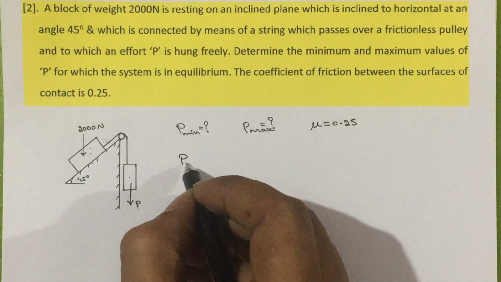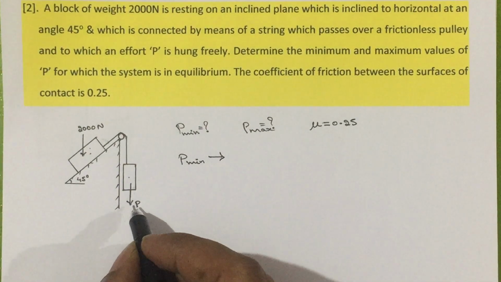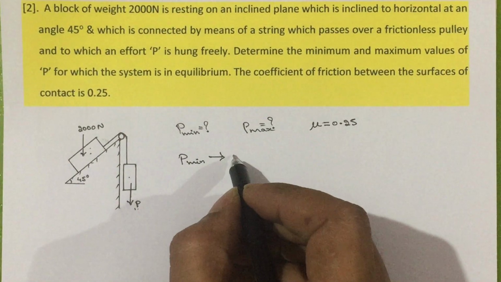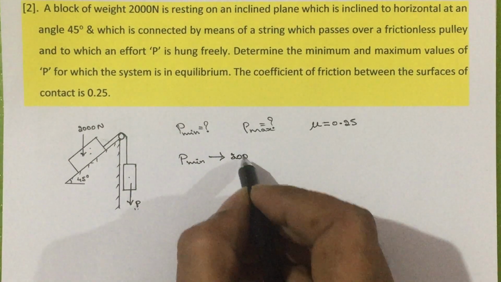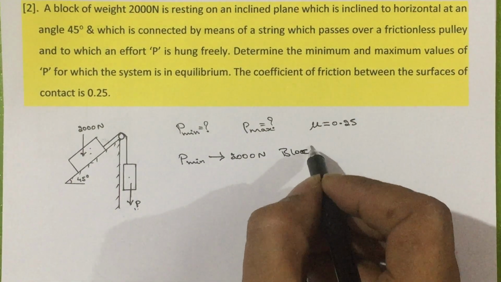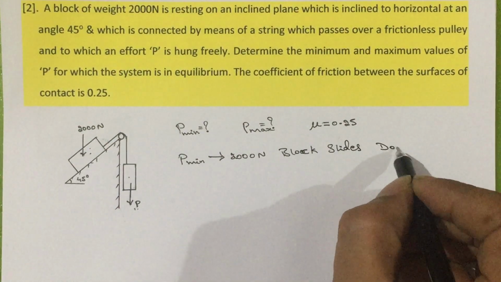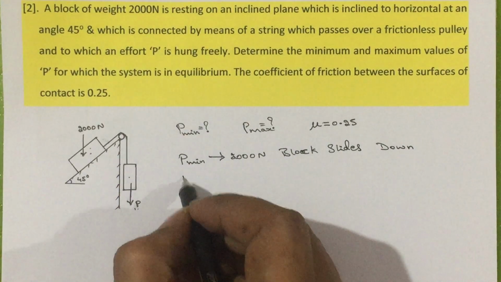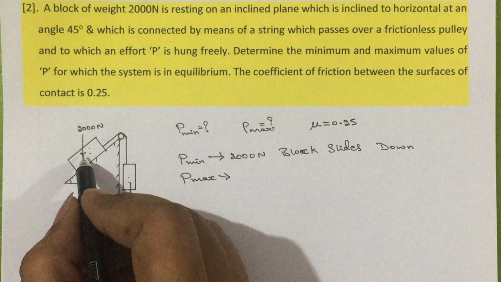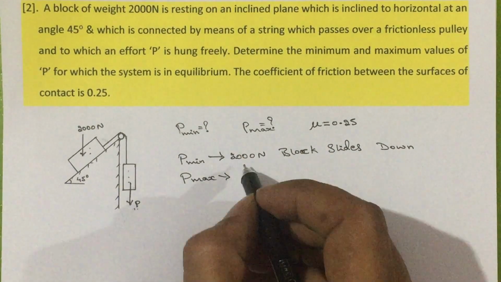So, we can write that when P is minimum, the 2000 Newton block slides downwards. When P is maximum, then this block is going to slide upwards because the other block is going to come downwards.